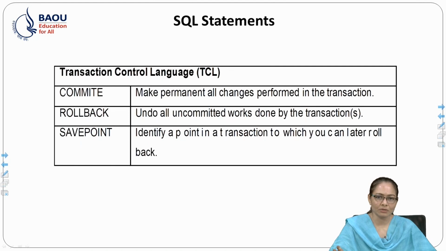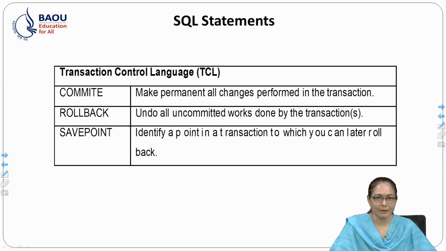Next one is the TCL, transaction control language. It is used to control the transaction of the object in the database. In this, the commit command. The commit is used to make permanent all the changes performed in the transaction. Like the save, it saves all the transaction in the database.